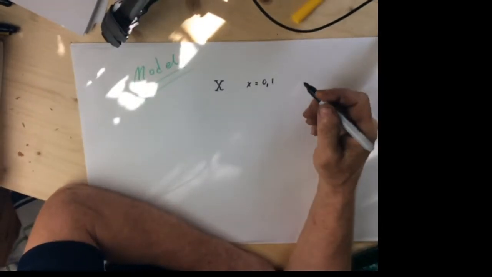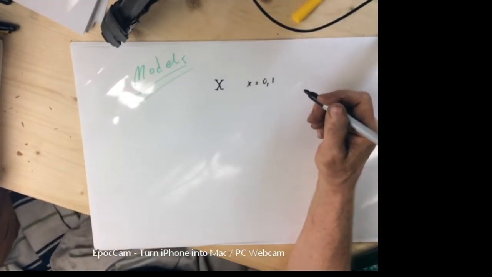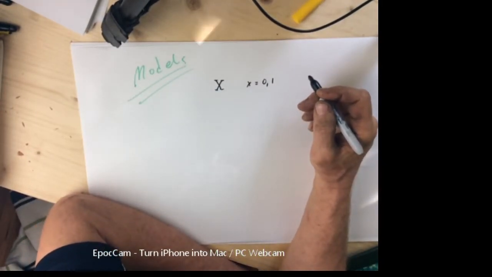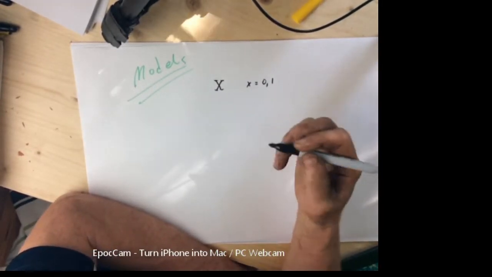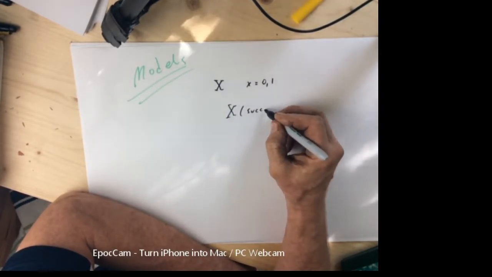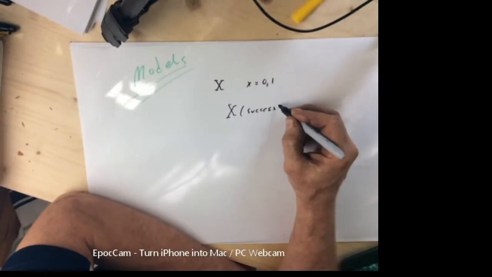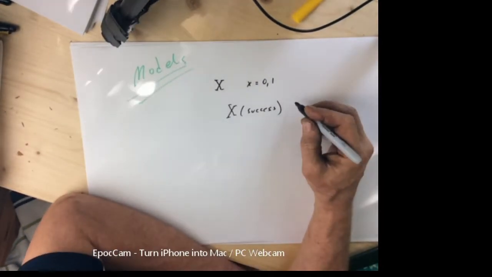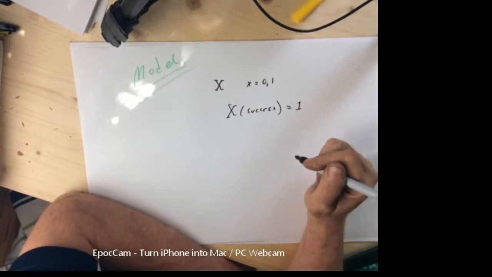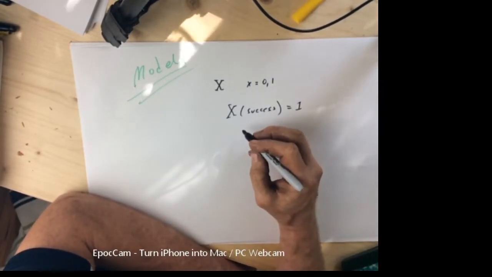Now, if you like, you can think about it as flipping a coin or drawing a heart from your deck of cards. And so, in general, we can say x as being a success. We'll call the number 1. So that's the affiliation between this description and the value.